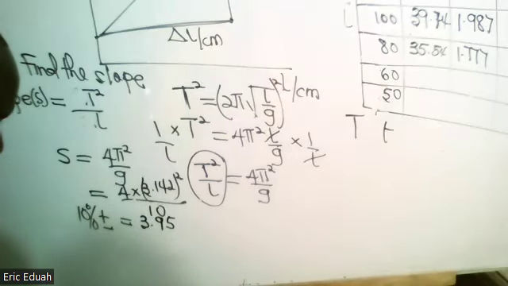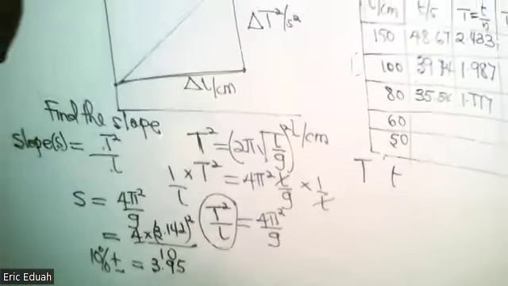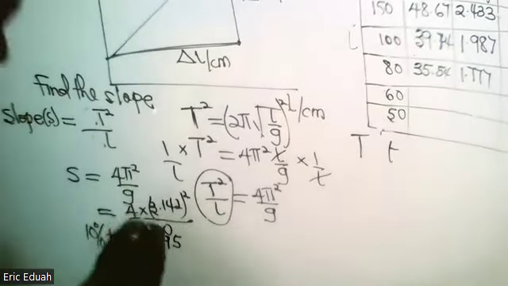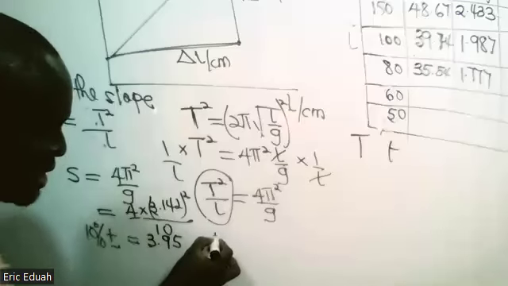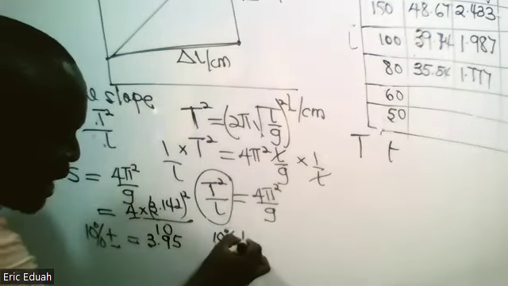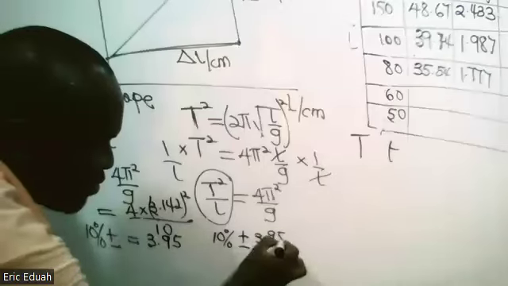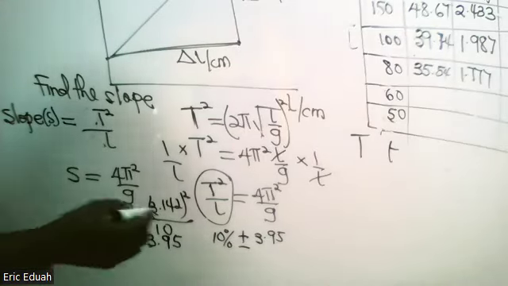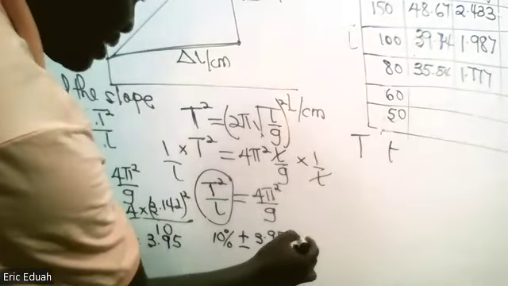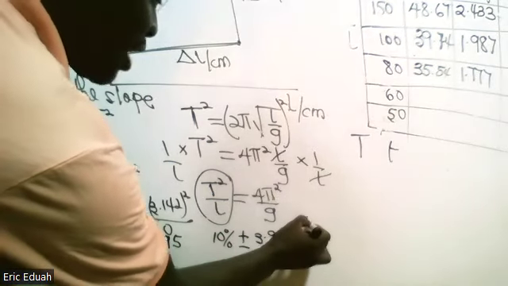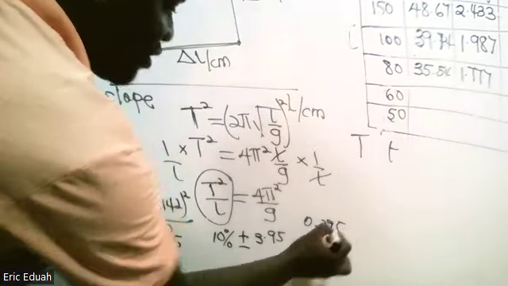Okay, 3.95. So when I'm marking, I will take plus or minus 10% of this value. 10% of this is equal to 0.395.